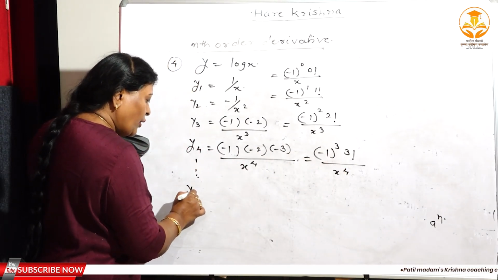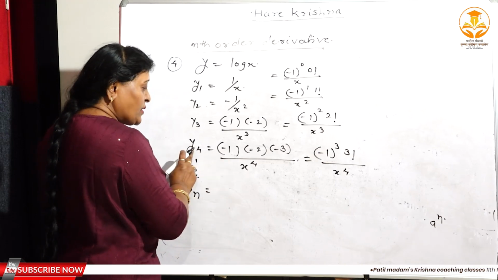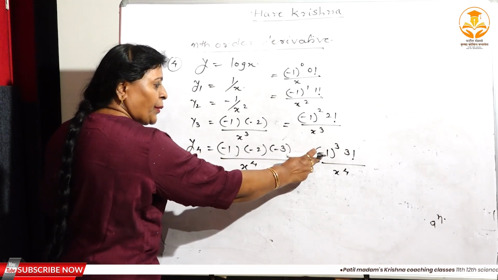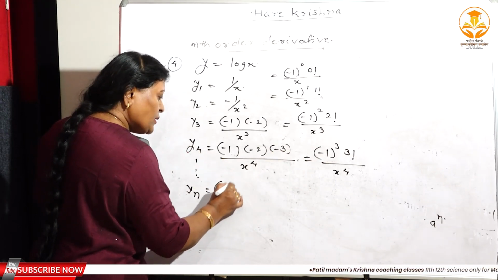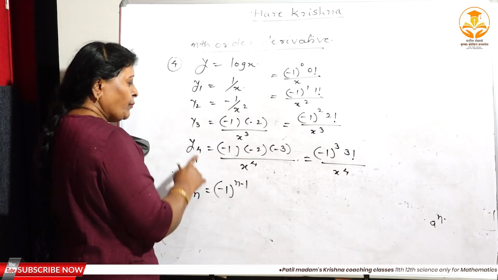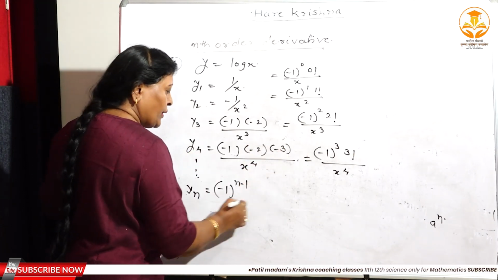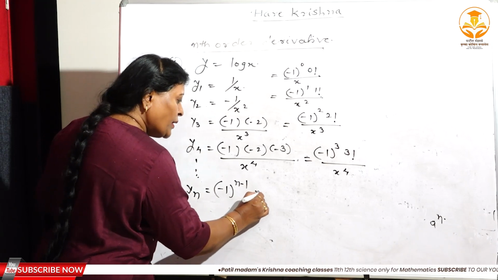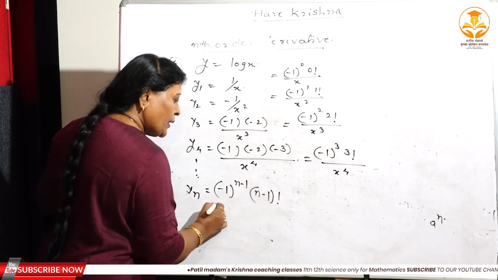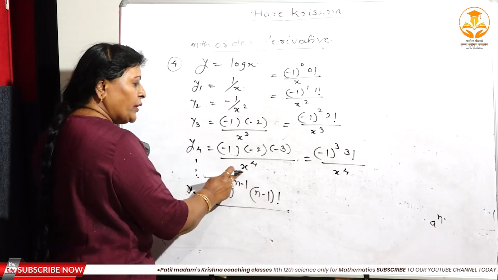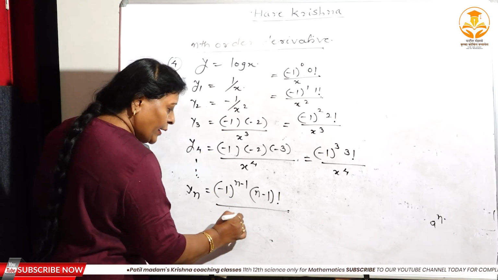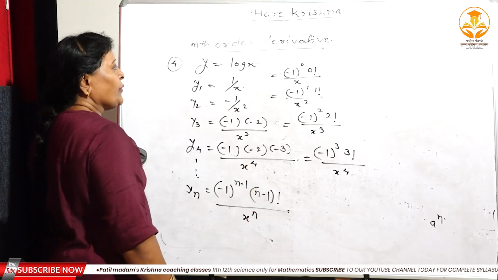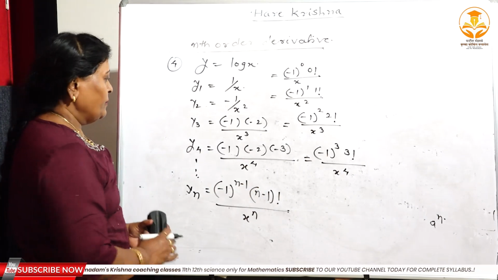Therefore, what is the nth order here? Fourth order minus 1 to the power 3, nth order minus 1 to the power n minus 1. Fourth order factorial 3, nth order n minus 1 factorial, isn't it? And divided by fourth order x to the power 4, nth order x to the power n. This is about the fourth one, isn't it?